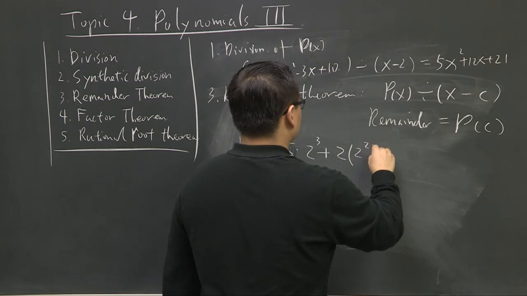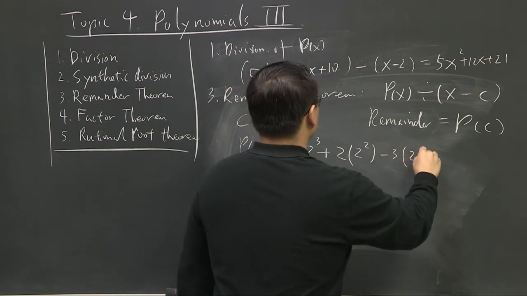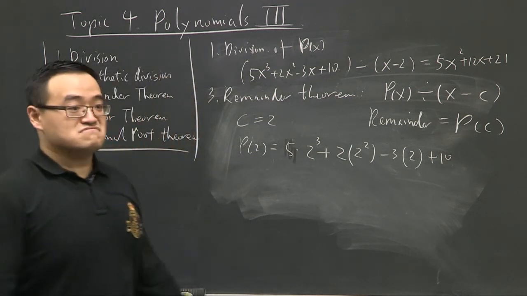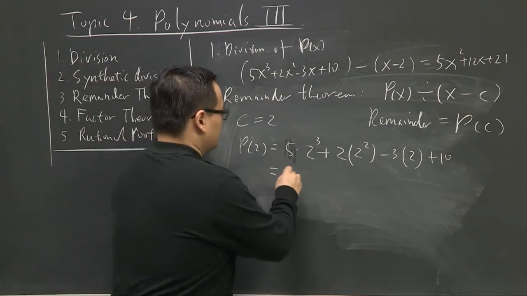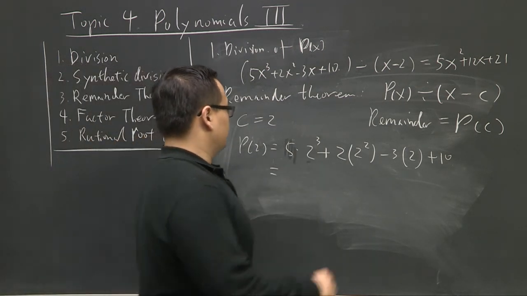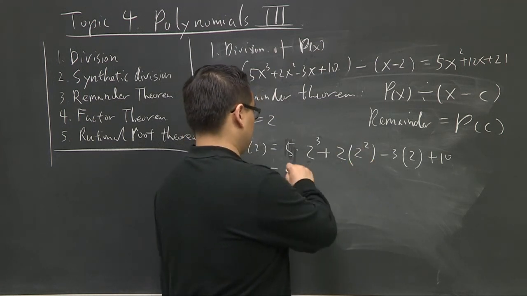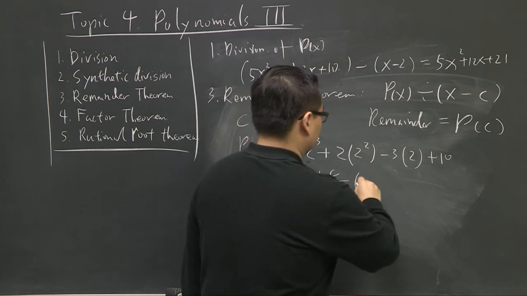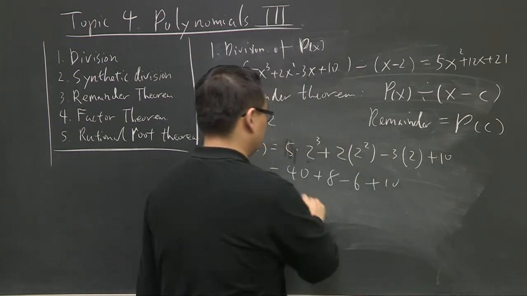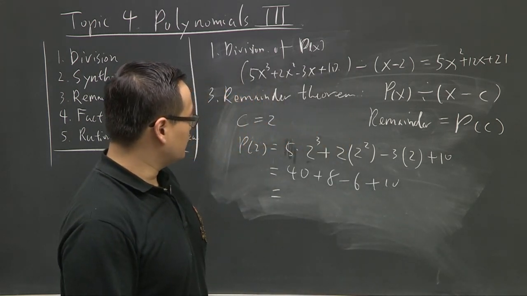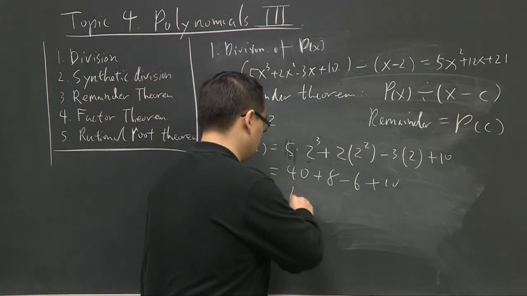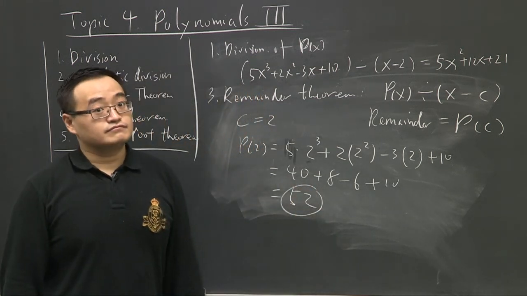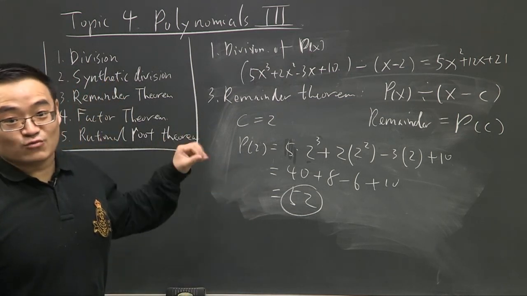Do the math. What is this? 5 times 8, 40, plus 8, minus 6, plus 10. What are we going to get? 48, 42. We're going to get 52. Okay? That's it. Really, really quick way.